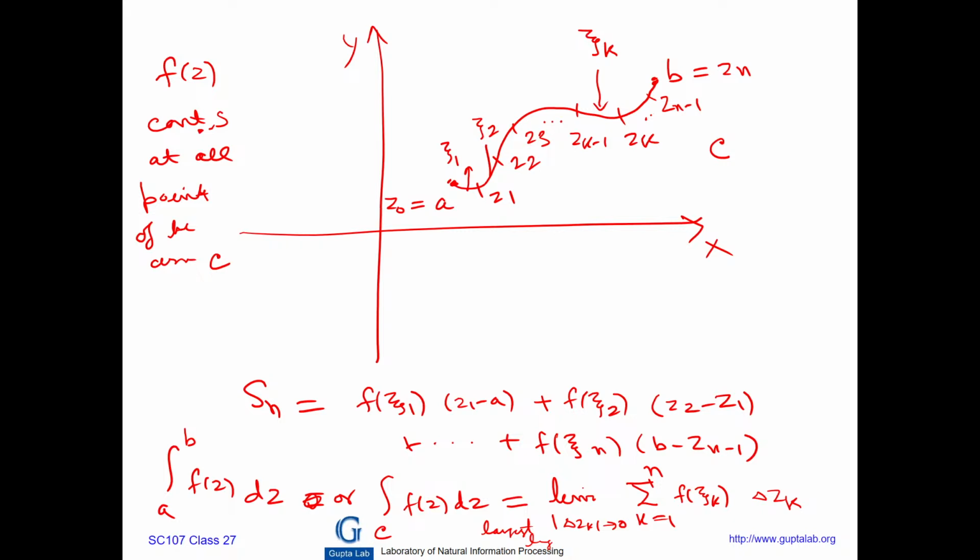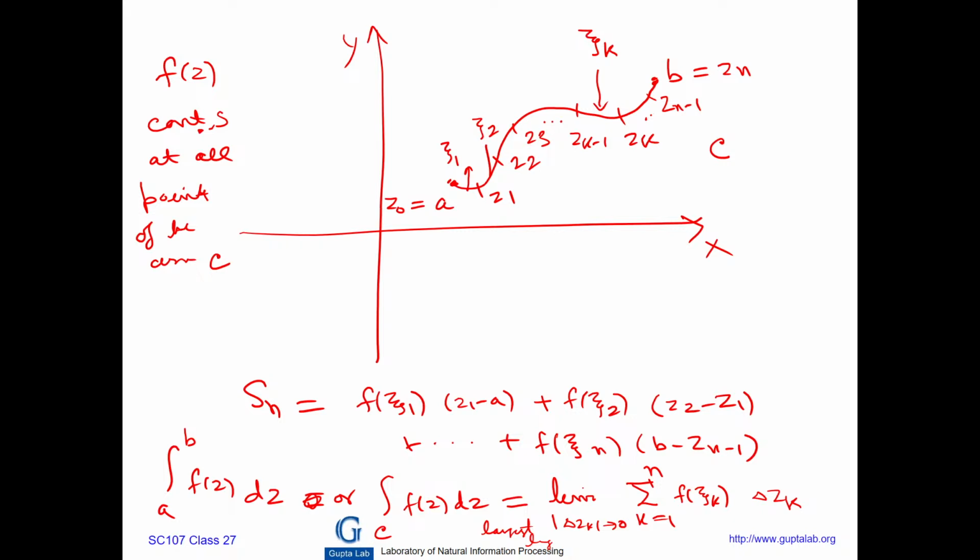If that goes towards 0, the subdivision is very small and the sum leads to some limit, and that is nothing but integration along C of f of z dz. This is the line integral, or integral from A to B of f of z dz.